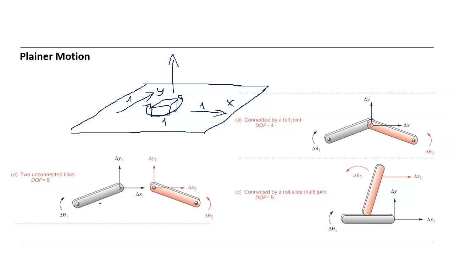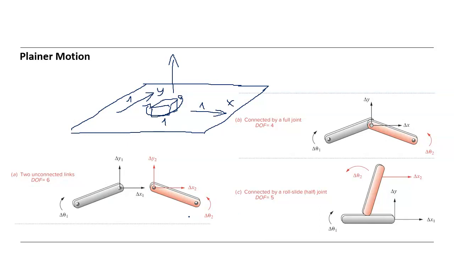But if we have two parts not connected, two unconnected links like this, each of them can have 3 degrees of freedom. So in total, they have 6 degrees of freedom: rotation, translation, and here also translation and rotation.